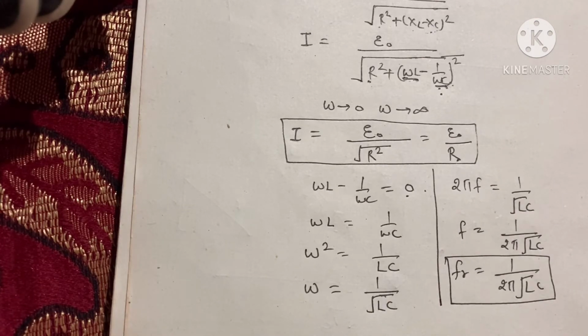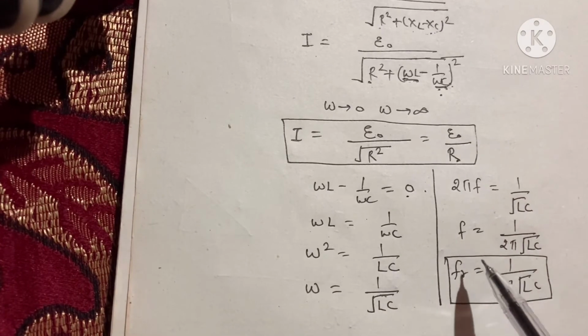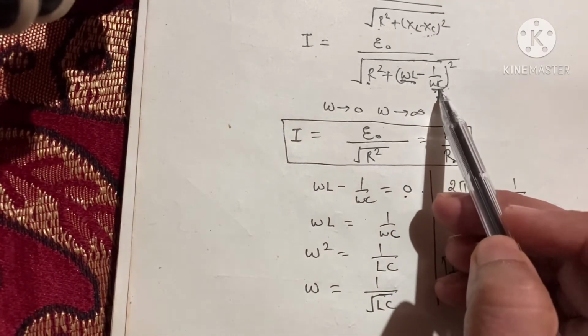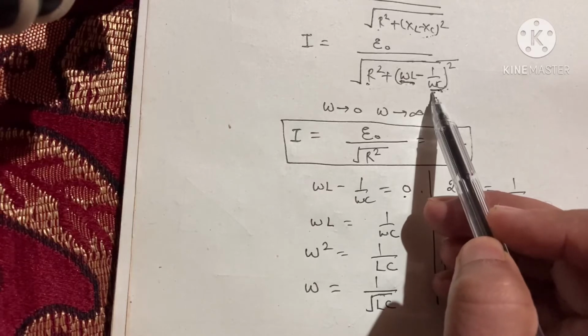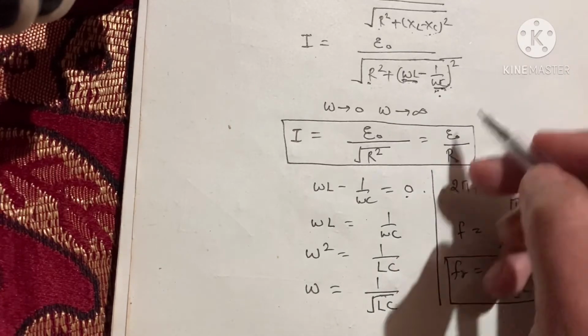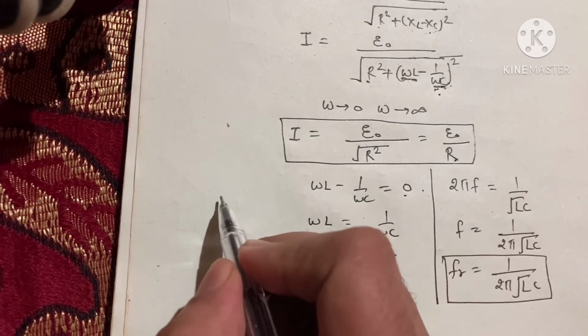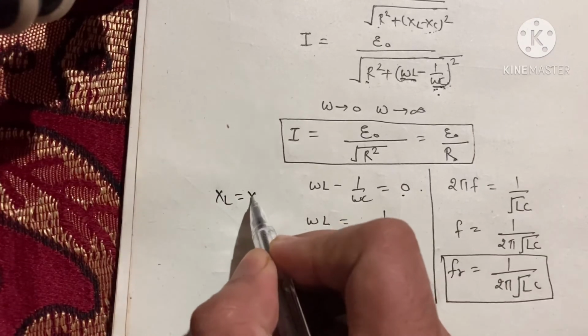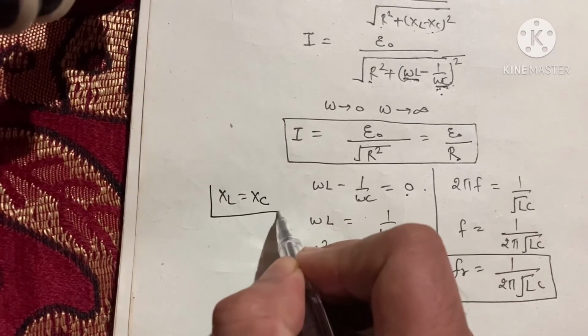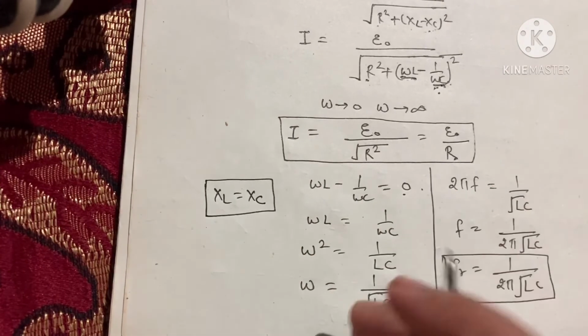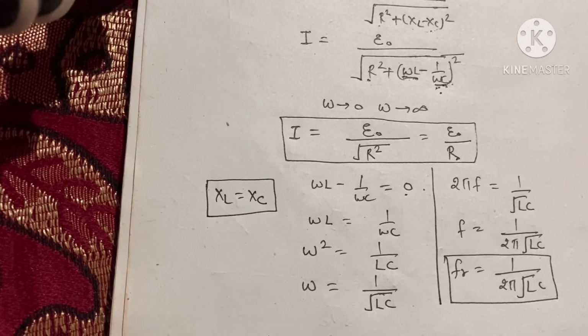At resonant frequency you will get maximum current in the circuit. You get resonance when omega L is equal to 1 upon omega C, that is, when XL is equal to XC: the inductive reactance becomes equal to the capacitive reactance.